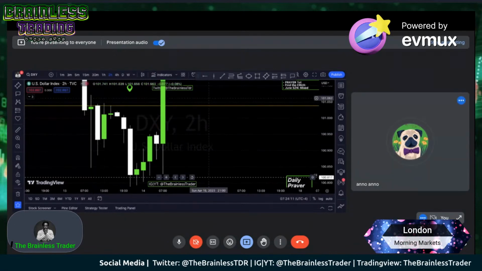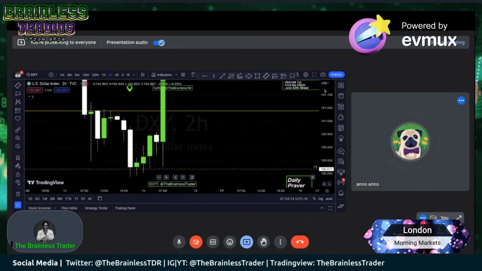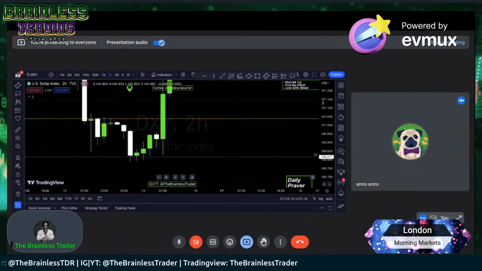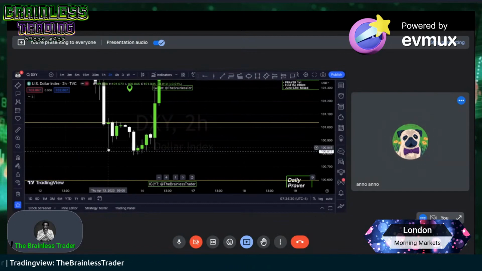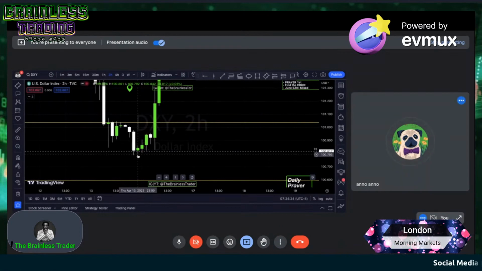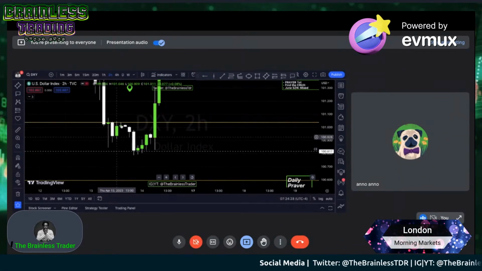Would you say the breaker, how did it start? So this low, this high, this lower low, these two consecutive candles.